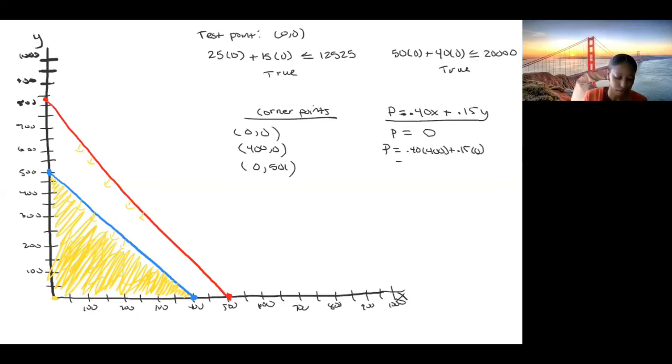That would give us 0.4 times 400 is 160. And then let me just move this down a little bit. This gives us a profit of 0.40 times 0 plus 0.15 times 501, which is 0.15 times 501.